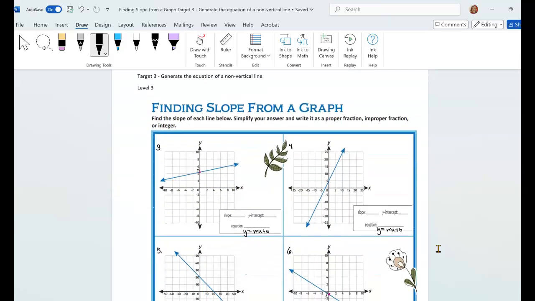Number 3. I guess I can work number 3 and then maybe have you work number 4. Number 3. We're going to find 2 perfect points.